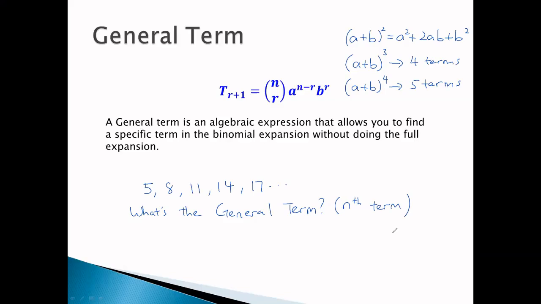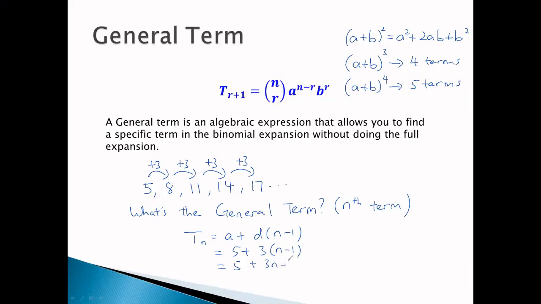So, there's one method where you use a formula because you can see that there's a common difference. So if there's a common difference, you can actually use this formula where the nth term or general term is a plus d times n minus 1, a being the first term, and d being the common difference, which is 3. And now you expand out, equals to 3n plus 2, right?